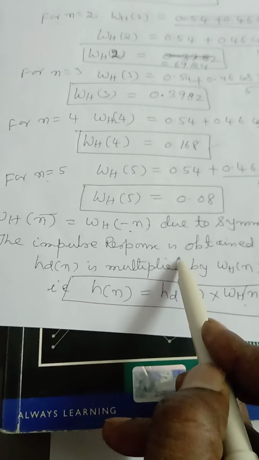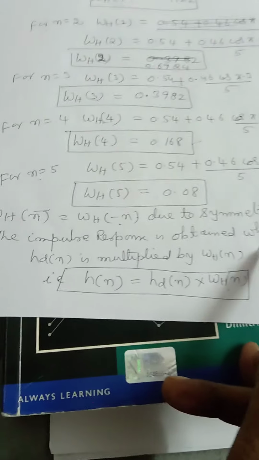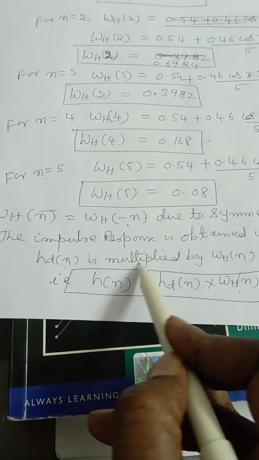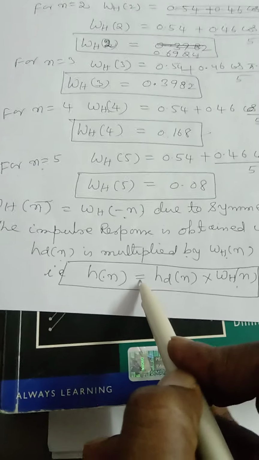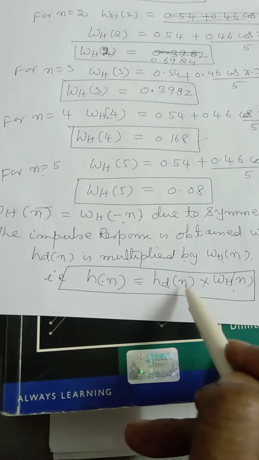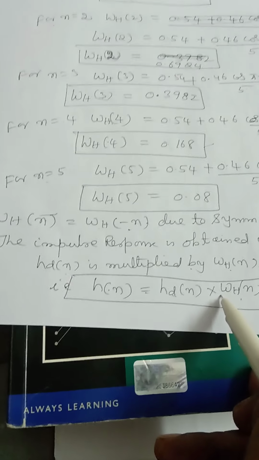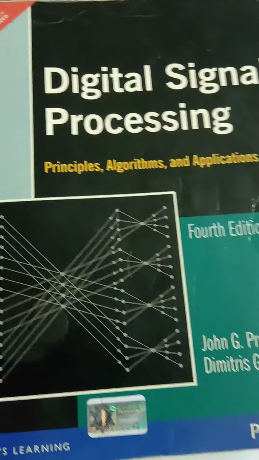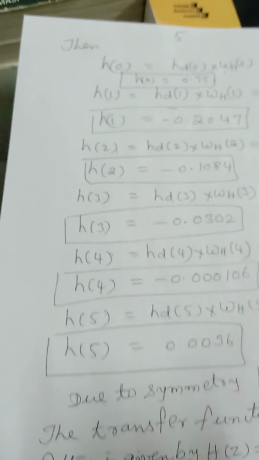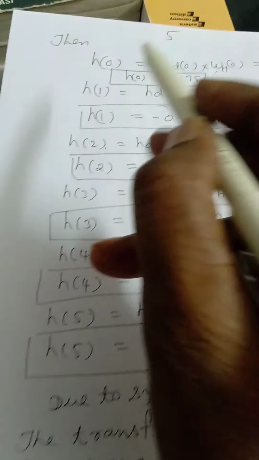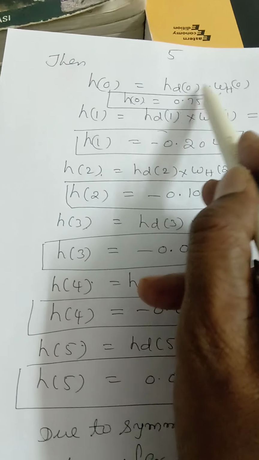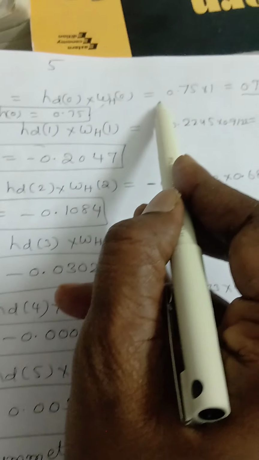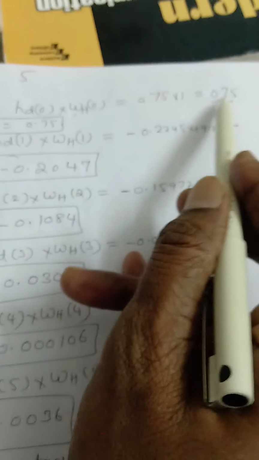Then the impulse response is obtained when HD of n is multiplied by WH of n, that is H of n is equal to HD of n into WH of n. Now understand? Then we need to determine the final impulses, that are H of 0 is equal to HD of 0 into WH of 0, that is equal to 0.75 into 1, 0.75.